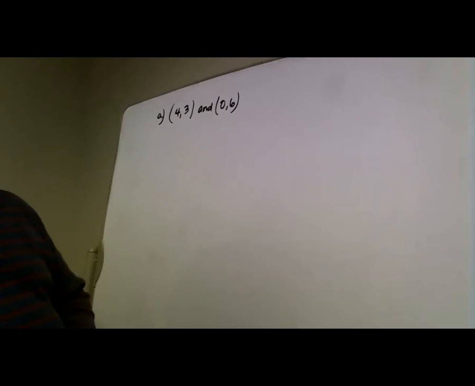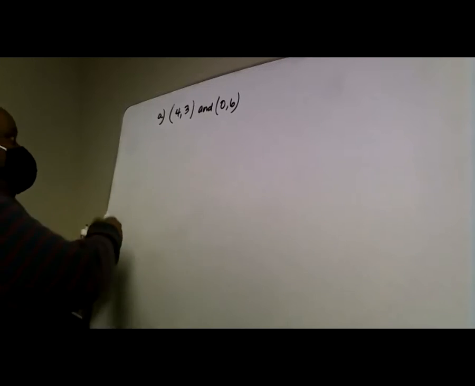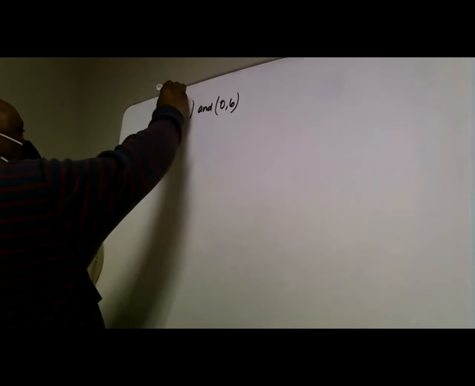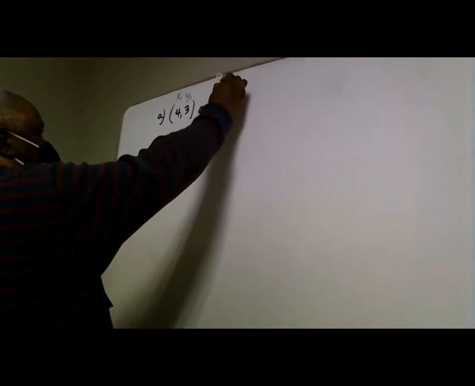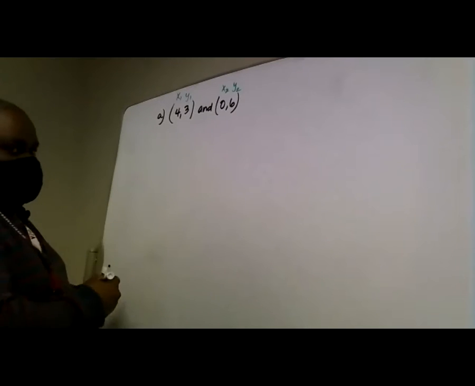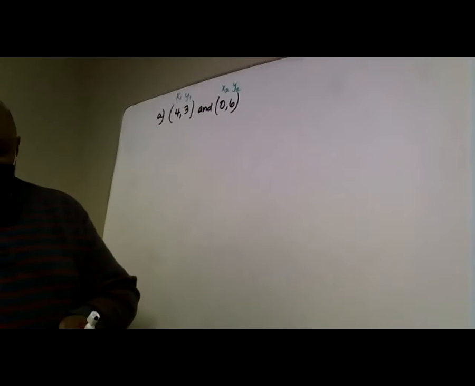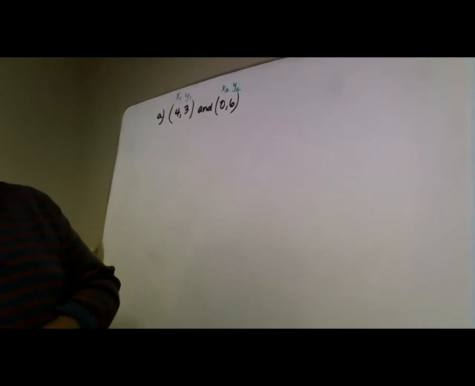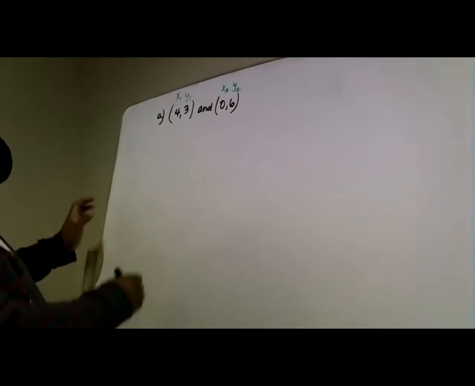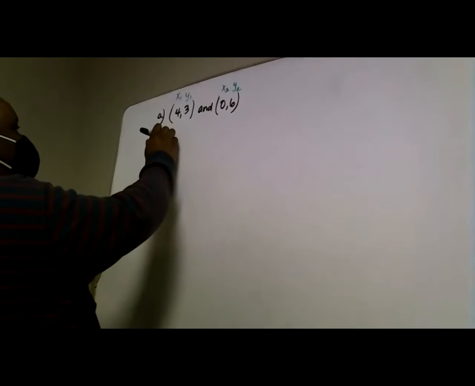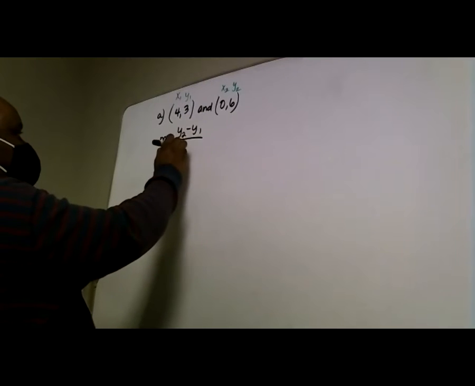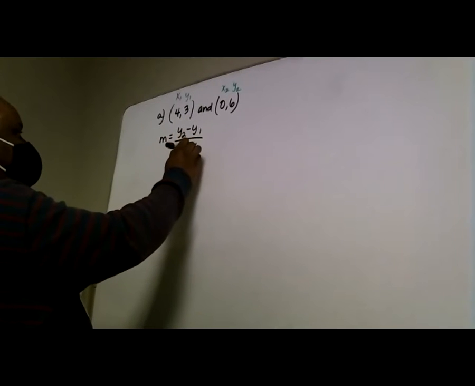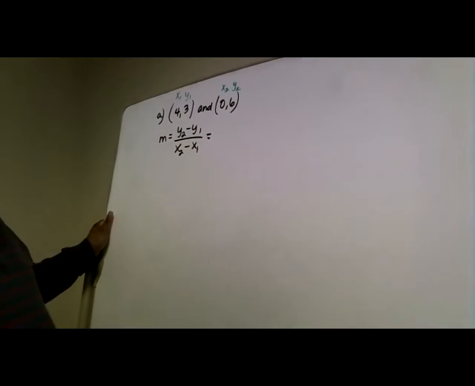So here, I'm going to label that first point with the coordinates x1, y1, the second point with these coordinates x2 and y2. So the slope there would be y2 minus y1 divided by x2 minus x1.